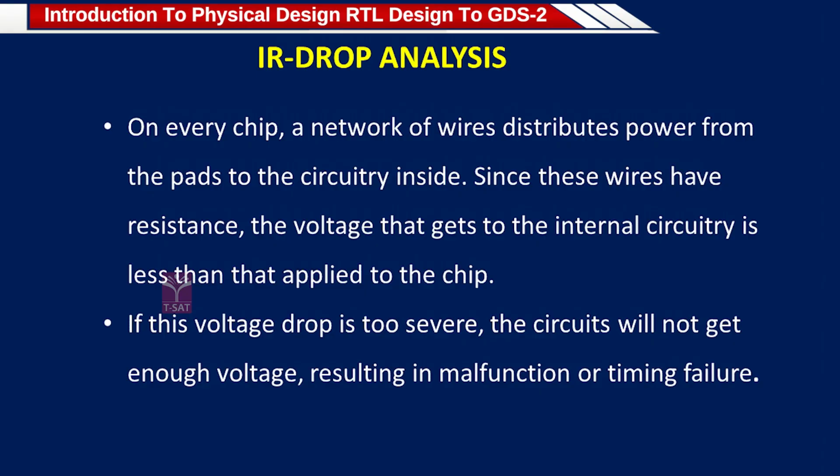Each and every standard cell or IP, any component in your ASIC, must get at least 0.9 volts or more than that. 0.9, 0.95 or 0.96, any value more than 0.9 volts. That check we can do as a part of IR drop analysis. Each and every instance must get a voltage more than this 0.9.